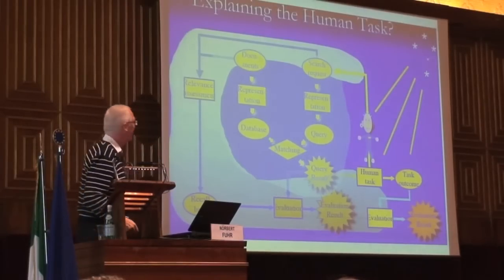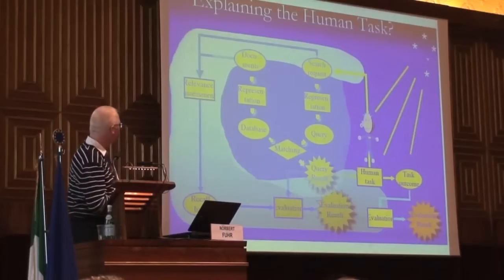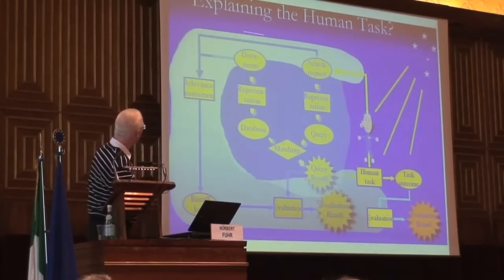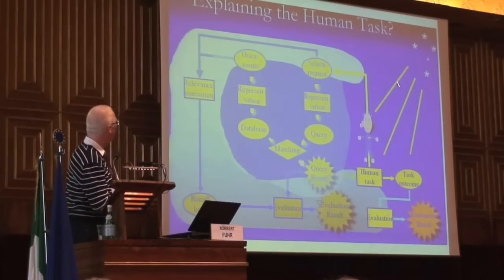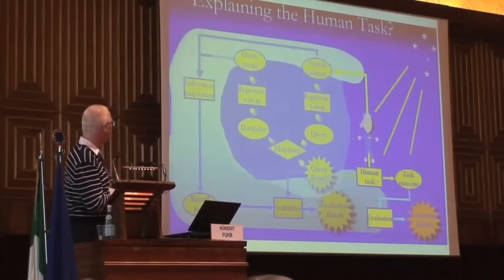So what should be done instead, according to Karl, is that we put more focus on the human task, so focus on the user, on what she or he is going to do.